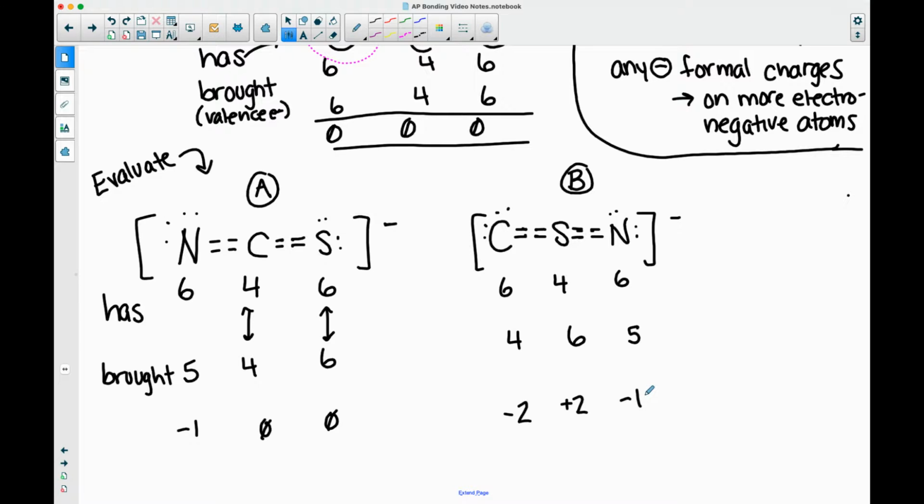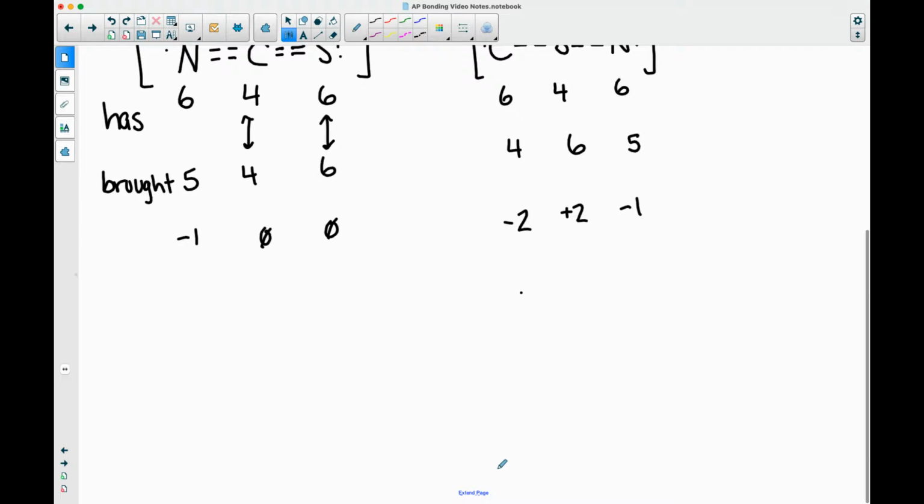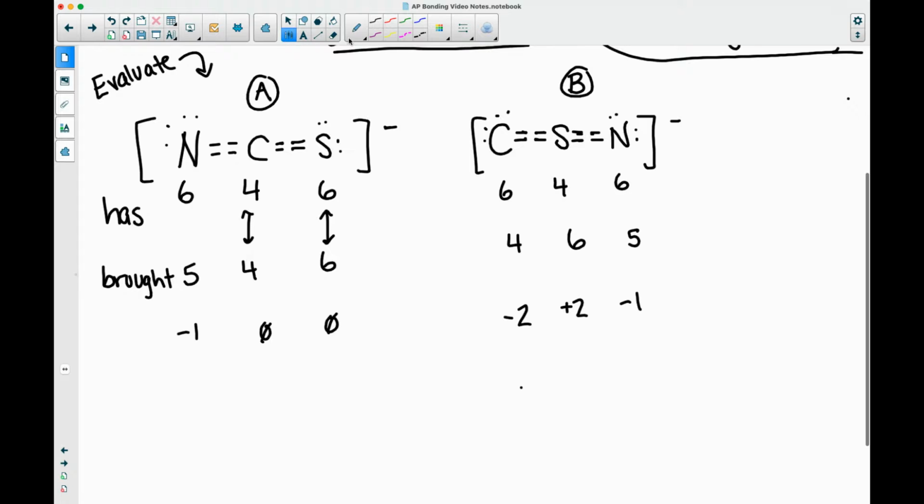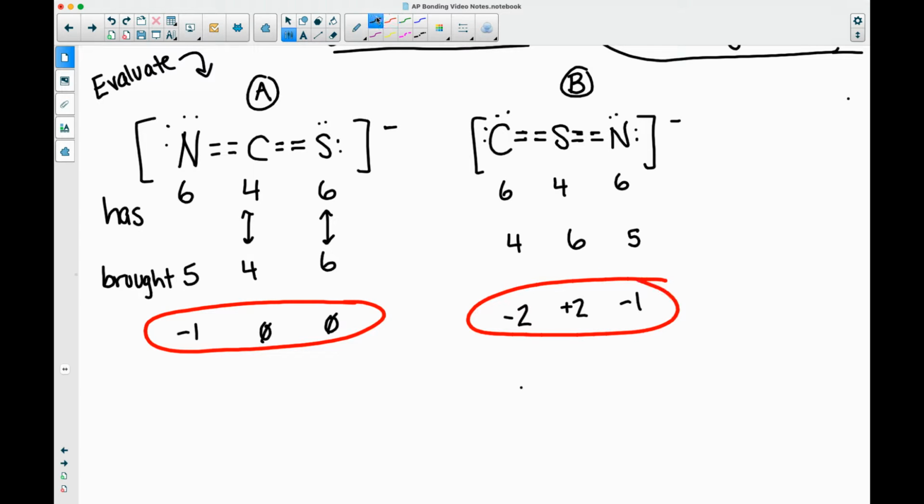Right away, I can see that structure A has formal charges closer to 0. That alone tells us that structure A is the more likely structure.